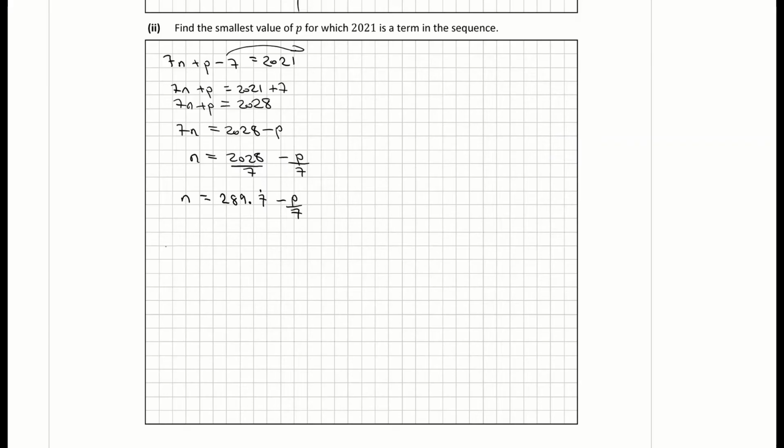So with a little bit of trial and error, let's just see what this gives us. If I take my 7n plus p minus 7, and if I sub in 290, because I'm rounding 289.7 up to 290, that gives me 7 times 290 plus p minus 7. Now what's that giving me?